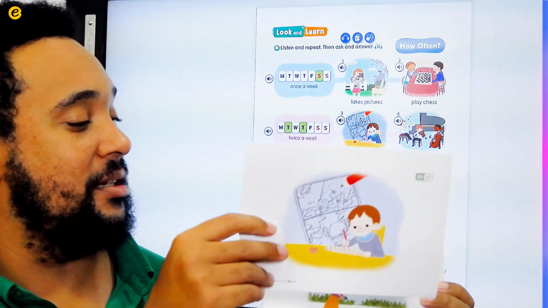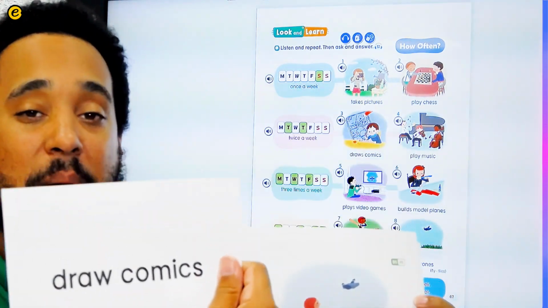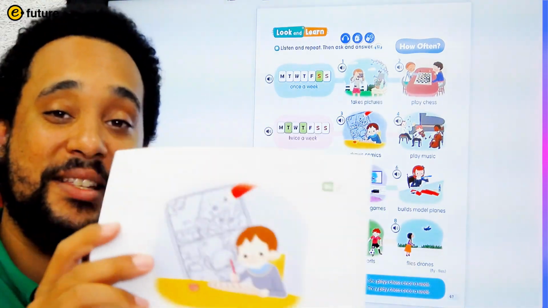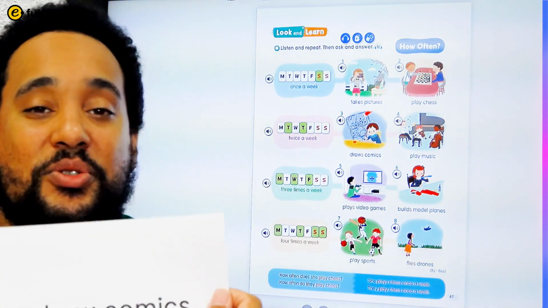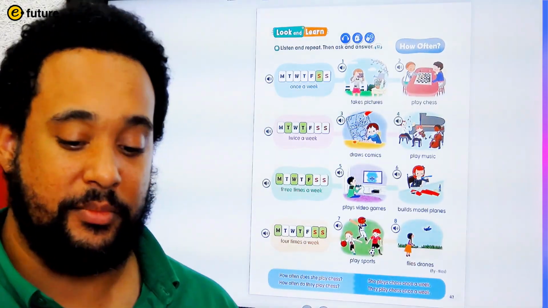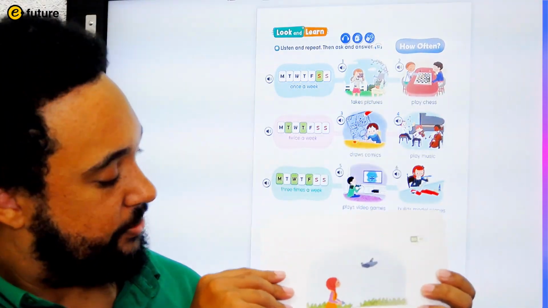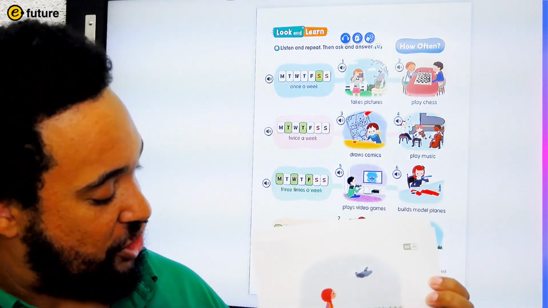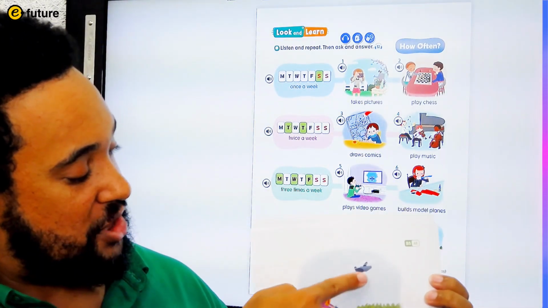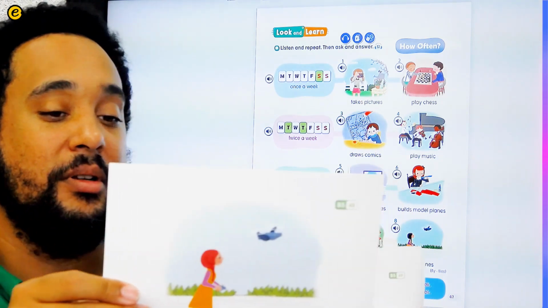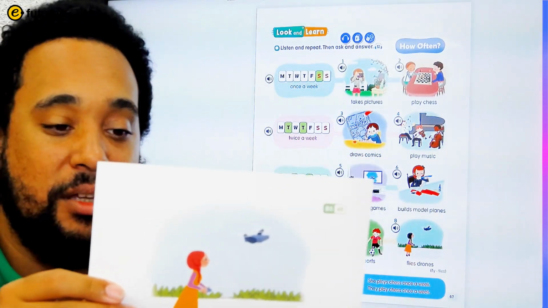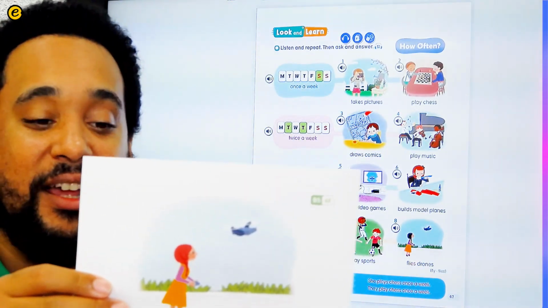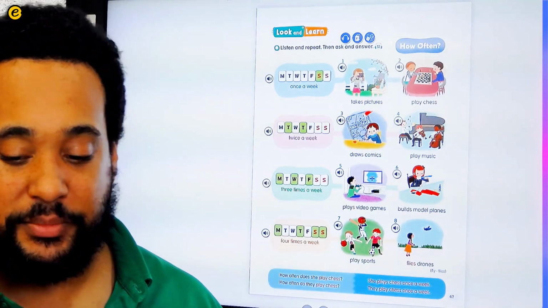He is drawing comics. So what is his hobby? He likes to draw comics. What about here? What is she doing? She's flying a drone. So what is her hobby? She likes to fly drones.